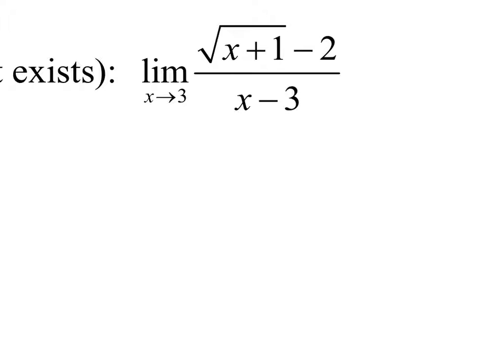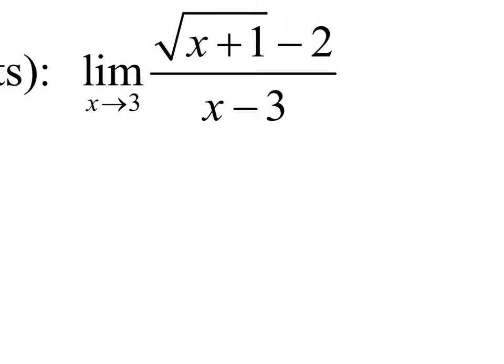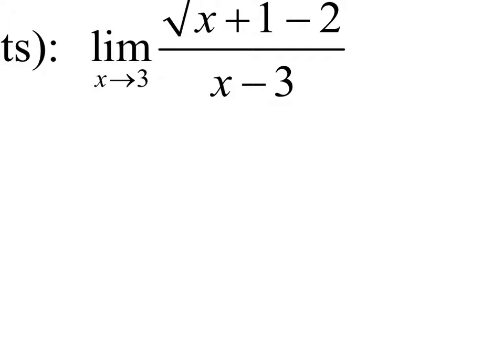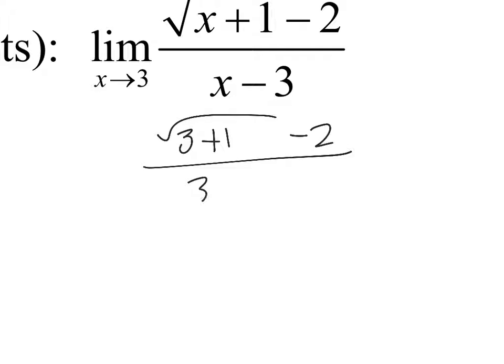Let's try this one now. The limit as x goes to 3 of the square root of x plus 1 minus 2, divided by x minus 3. So we try direct substitution. If this is like any math class, chances are it's not going to work and I'm going to have to do what he's teaching today.